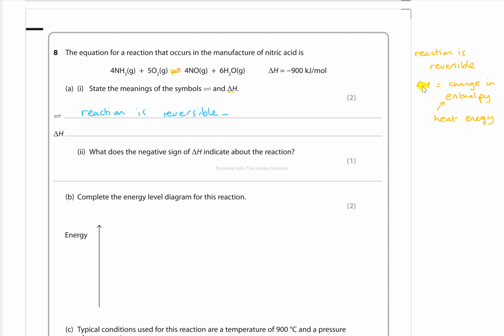And I suppose it's better to write it out with the second part as well. The reaction goes forwards and backwards. Right, delta H is change in enthalpy.